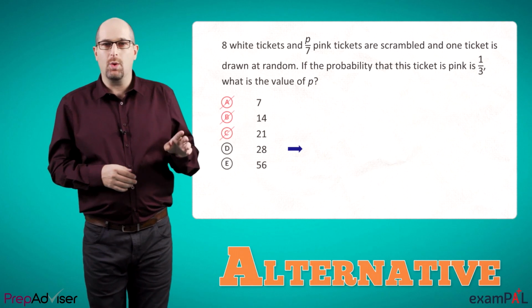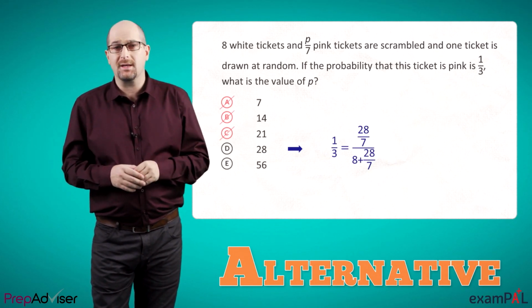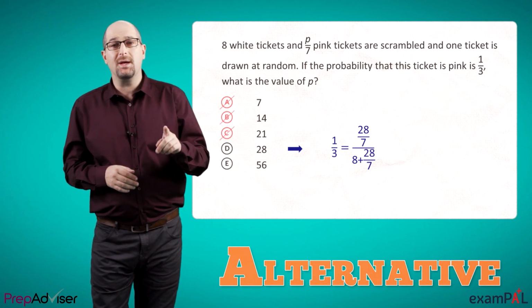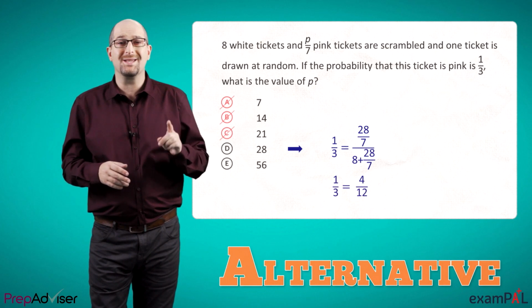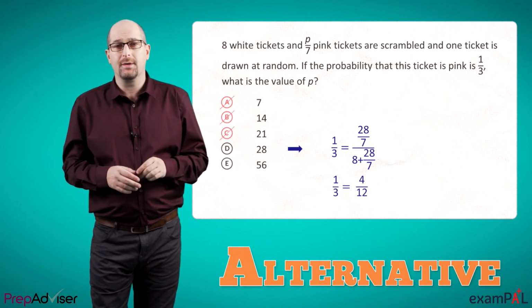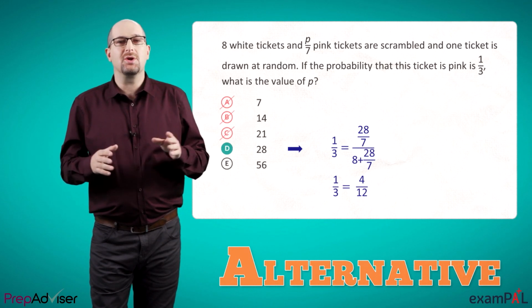Trying D, 28, we get 28/7, which equals 4 pink tickets. So the chance of getting pink is 4/(4 plus 8), or 4/12, which is exactly 1/3. That's it. We use the numbers in the answer to turn the text into an equation that works.